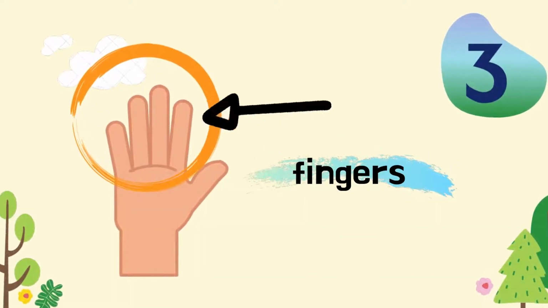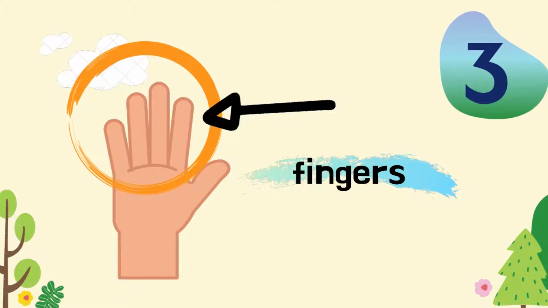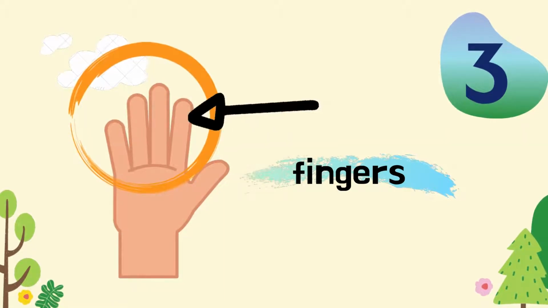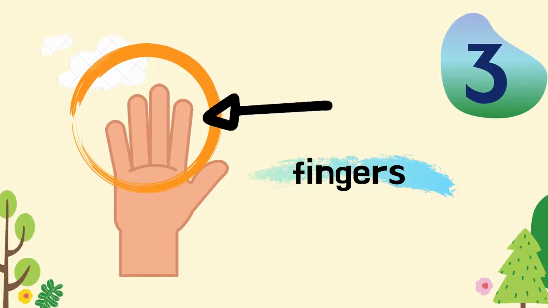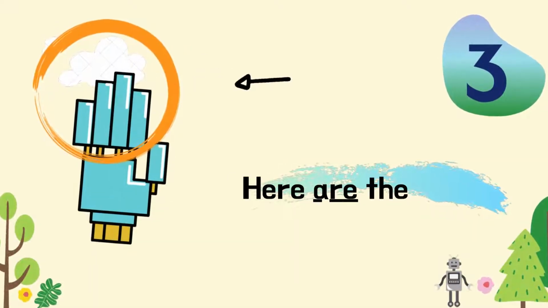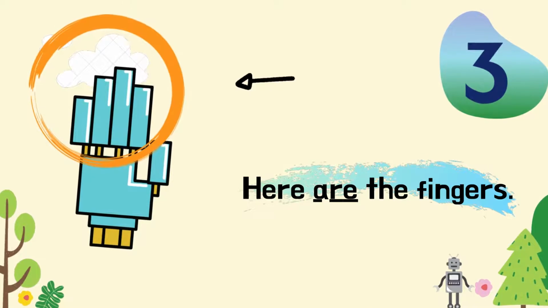Next, look at the circle and look at the arrow. That's what we call fingers. Fingers. Now, let's read about the robot's fingers.